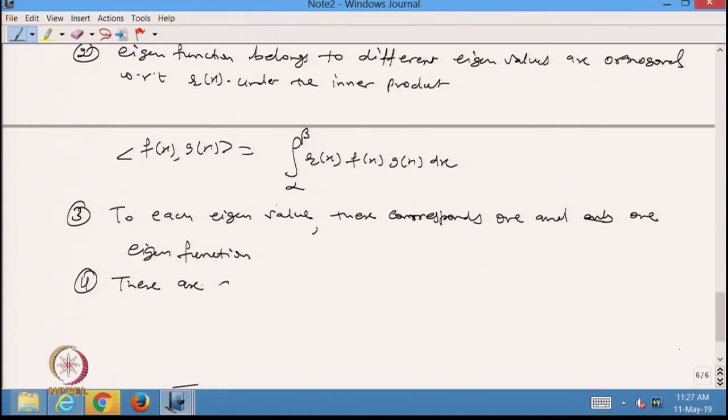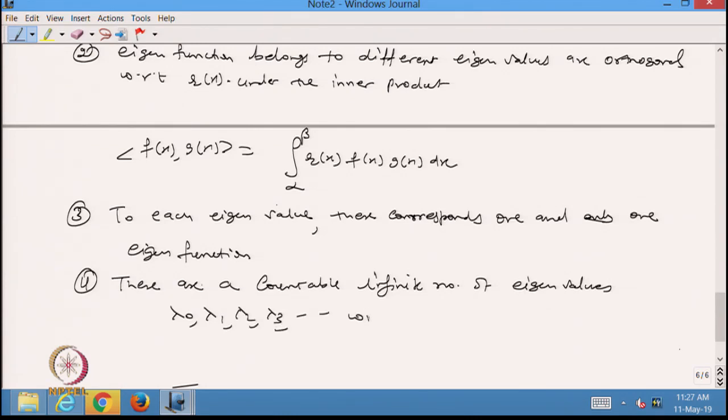there are a countable infinite number of eigenvalues, that we call lambda 0, lambda 1, lambda 2, lambda 3, with corresponding eigenfunctions that we call y0, y1, y2, y3 and so on.